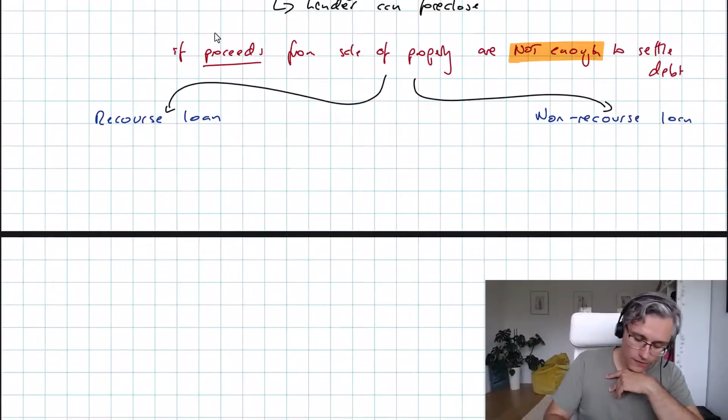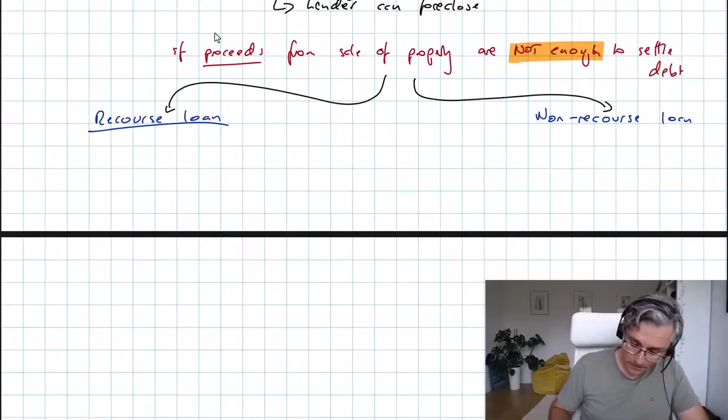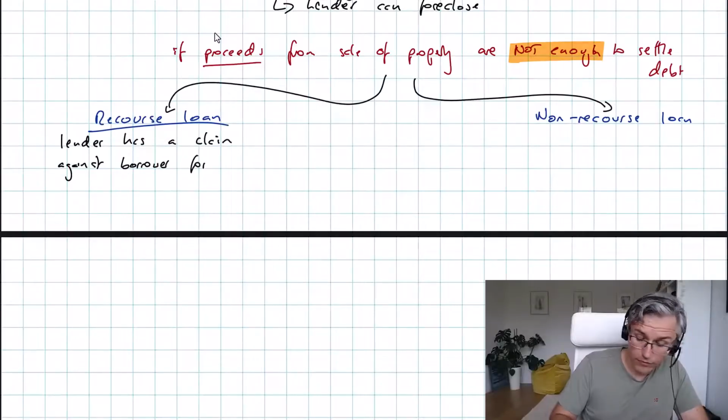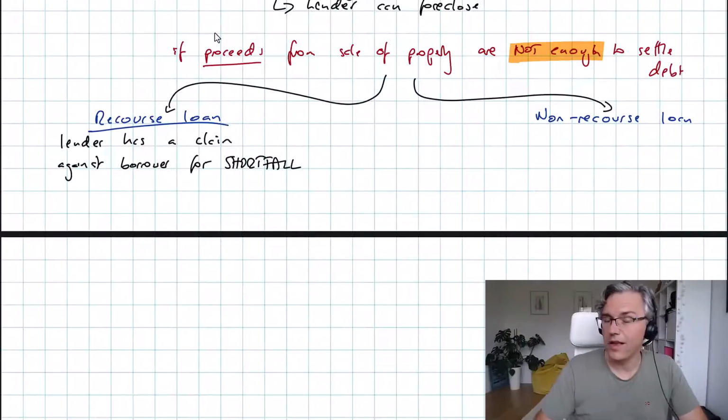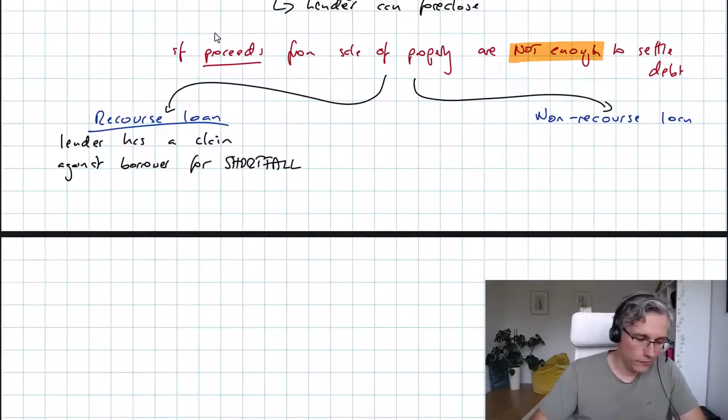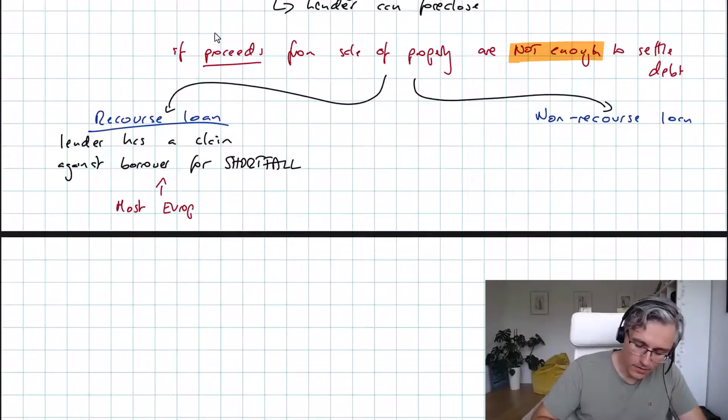In the case of the first type, the recourse loan, the lender still has a claim against the borrower for the difference, for the shortfall. Whatever has still not been repaid using the proceeds from the sale of the property, the lender can still chase the borrower for that. And this is the case, for example, in most European countries.